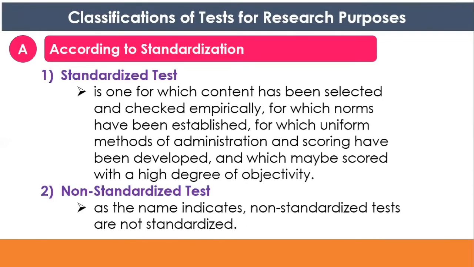Now, in order for us to better understand each of these classifications, let us discuss them one by one, starting with according to standardization. As you can see, the classification of tests for research purposes according to standardization is divided into two parts. First, we have standardized tests, and second, we have non-standardized tests.